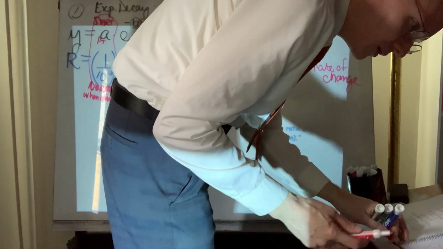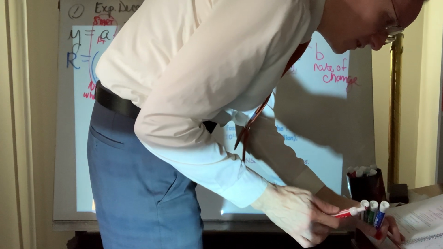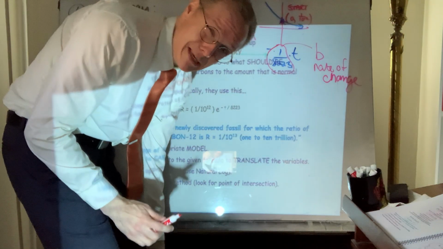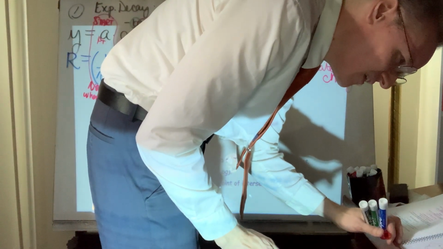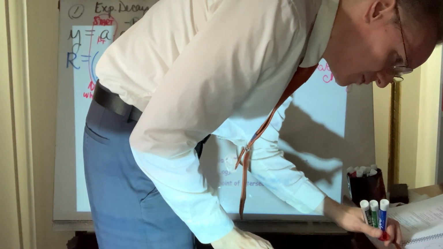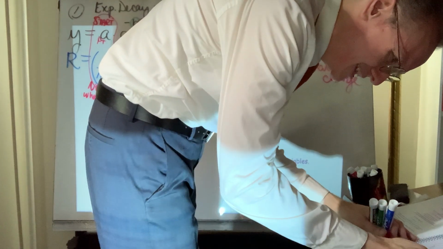Without doing it a grave injustice, let me just tell you this much. This is something that I believe is known as the mean life as opposed to the half-life. It's based upon half-life, and you can calculate it from that.